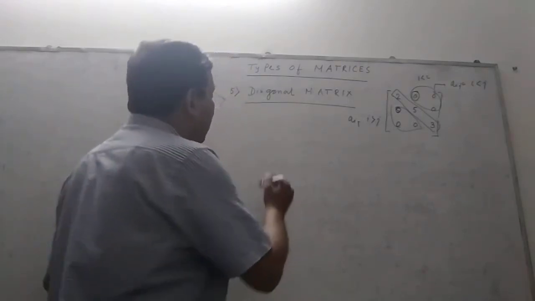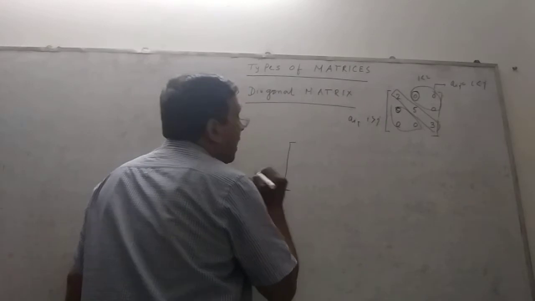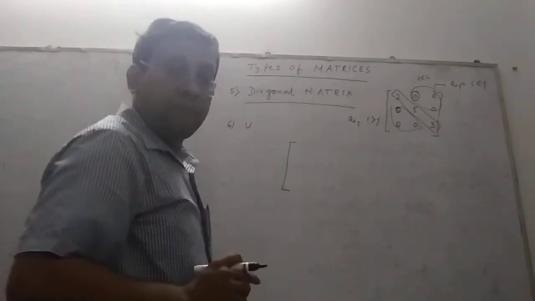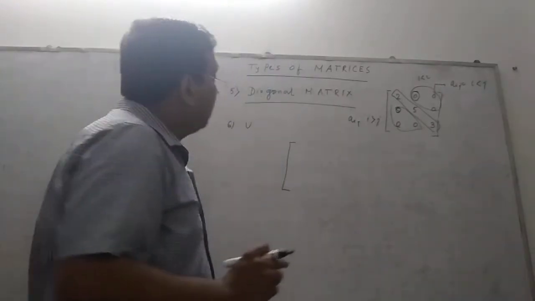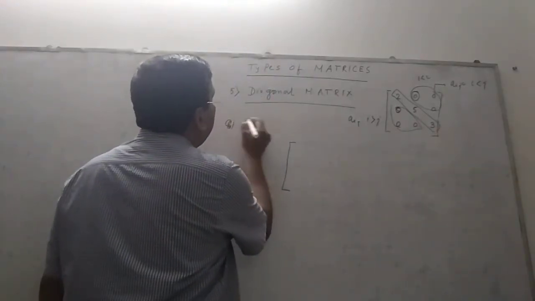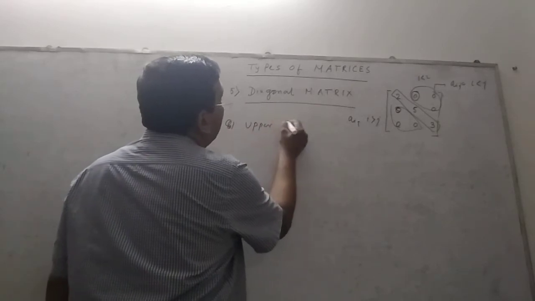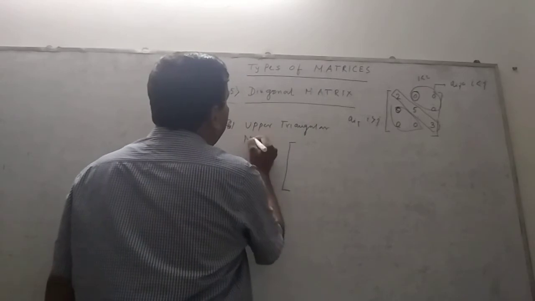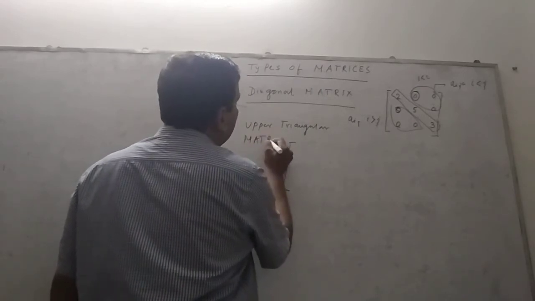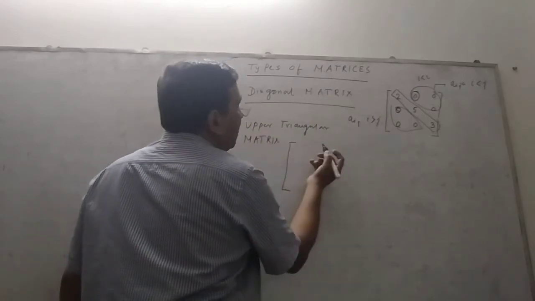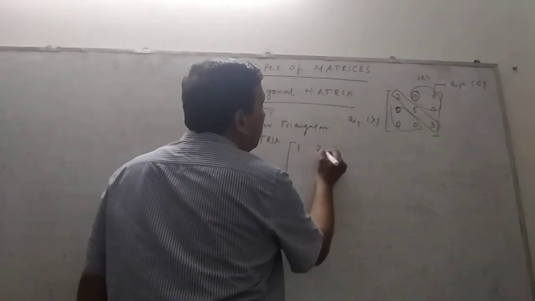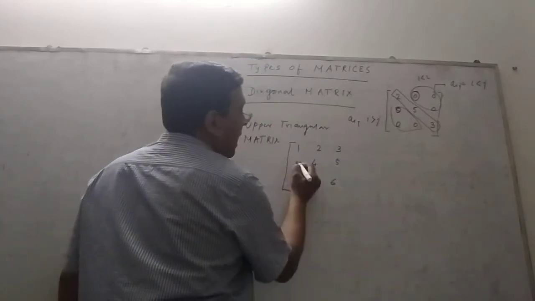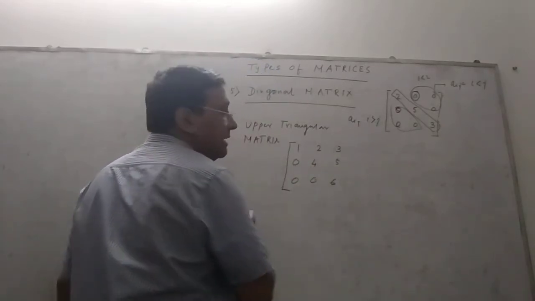If I want to give an example of an upper triangular matrix, this is your upper triangular matrix: 1, 2, 3, 4, 5, 6, and here I will write all these elements as 0.